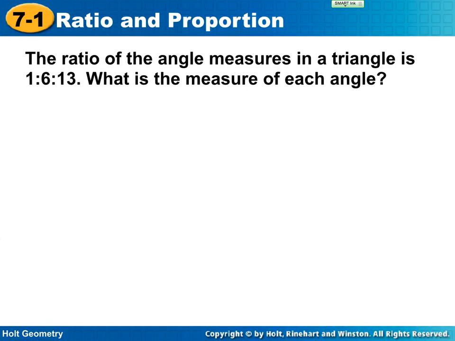How about angle measures? This is the one I was thinking came next. The ratio of the angle measures in a triangle is 1 to 6 to 13. What's the measure of each angle? Angles in a triangle.